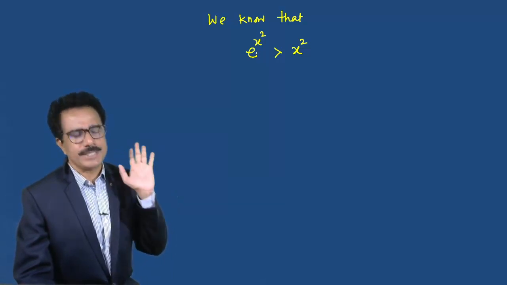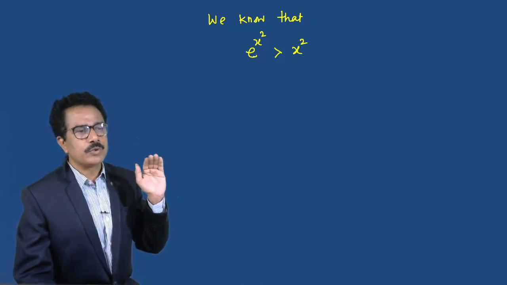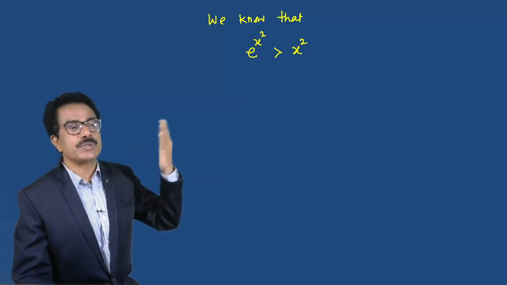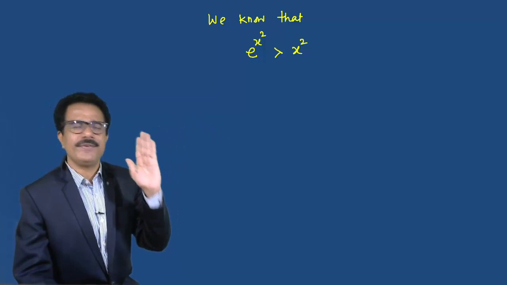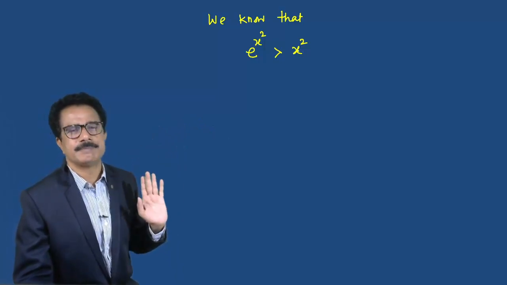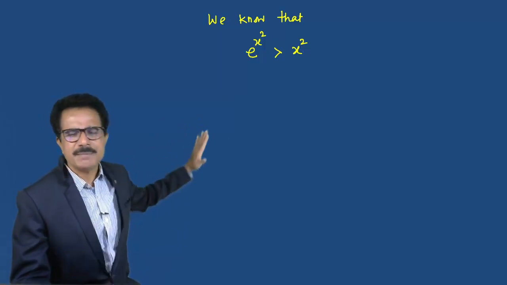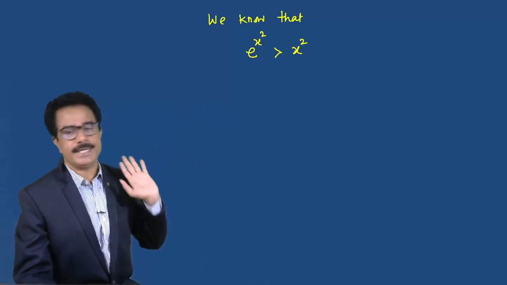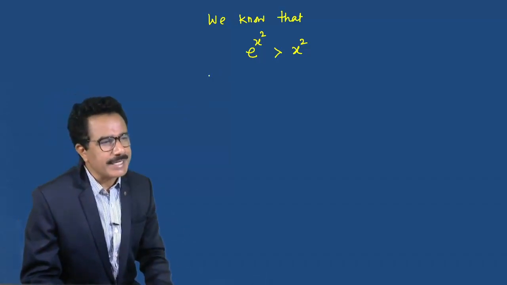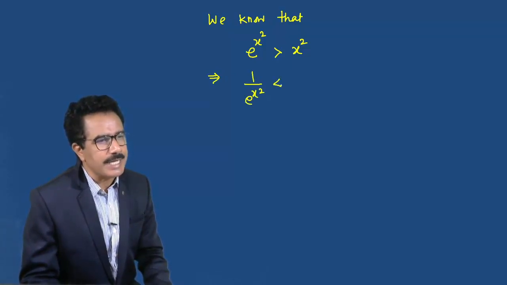That is 2.7. So 2.7 raised to x square is definitely greater than x square. This is the simple comparison we have to consider here. Now by taking the reciprocal, 1 upon e raised to x square is less than 1 upon x square.